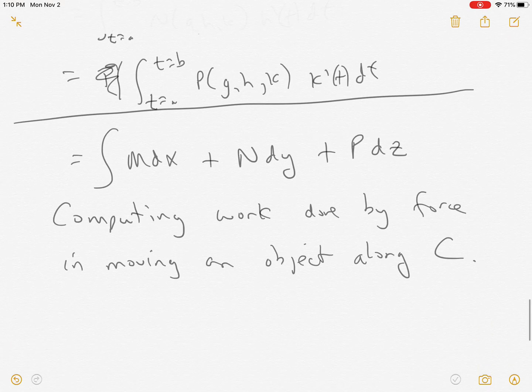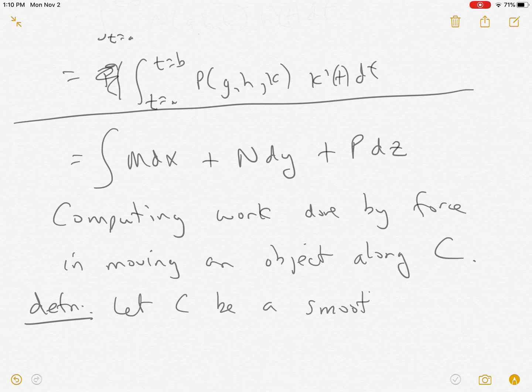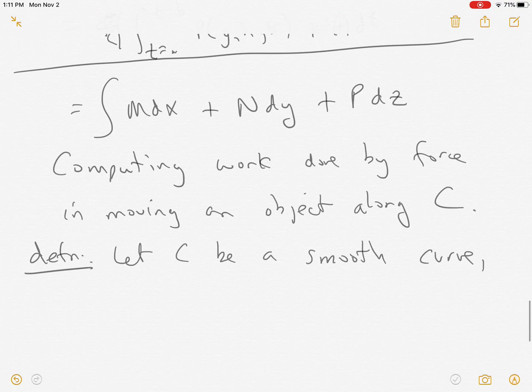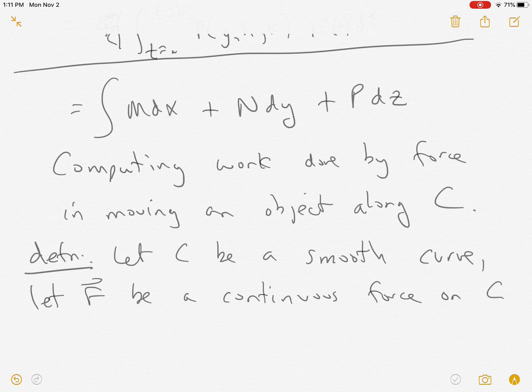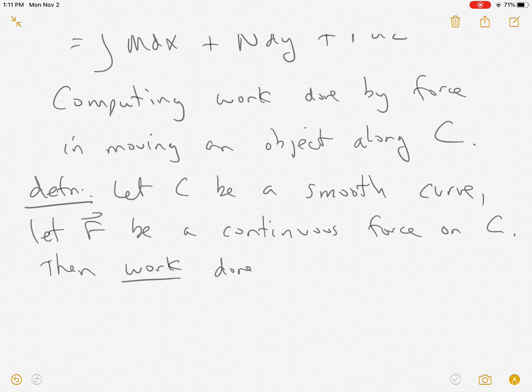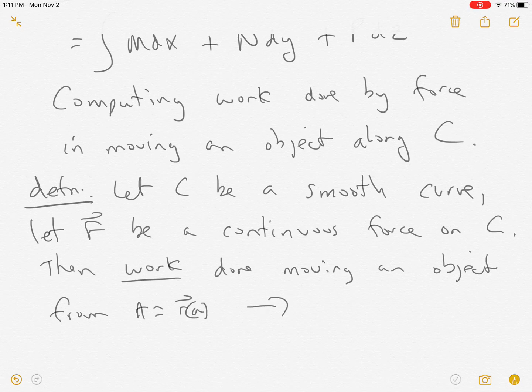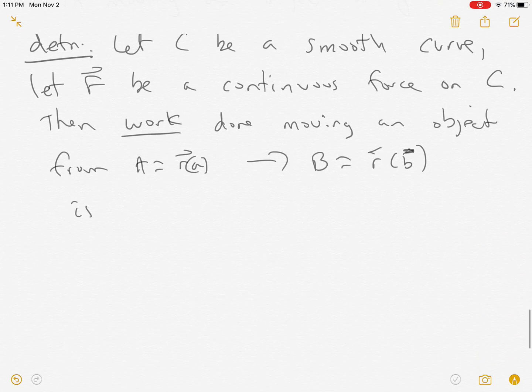And so to define this properly, we let C be a smooth curve, meaning its derivatives are well defined, and let F be a continuous force on C. Then the work done moving an object from A, which is r of a, to B, which is r of b, is the same integral we've been computing.